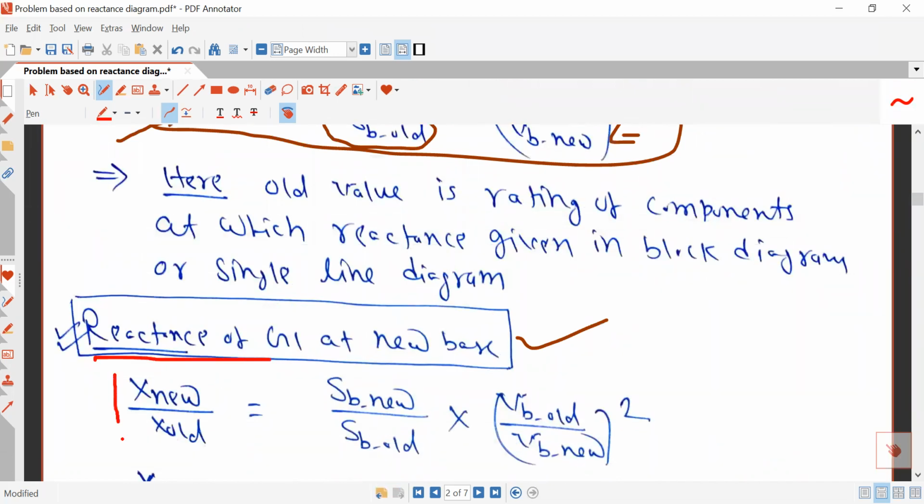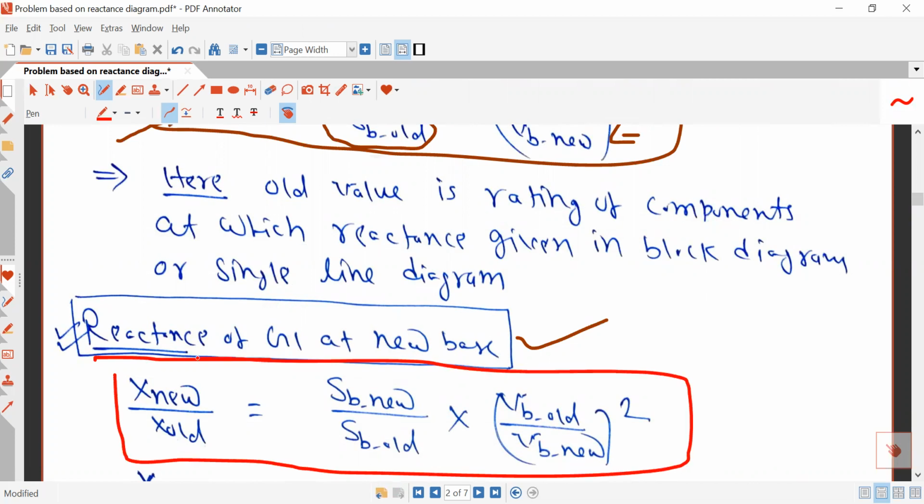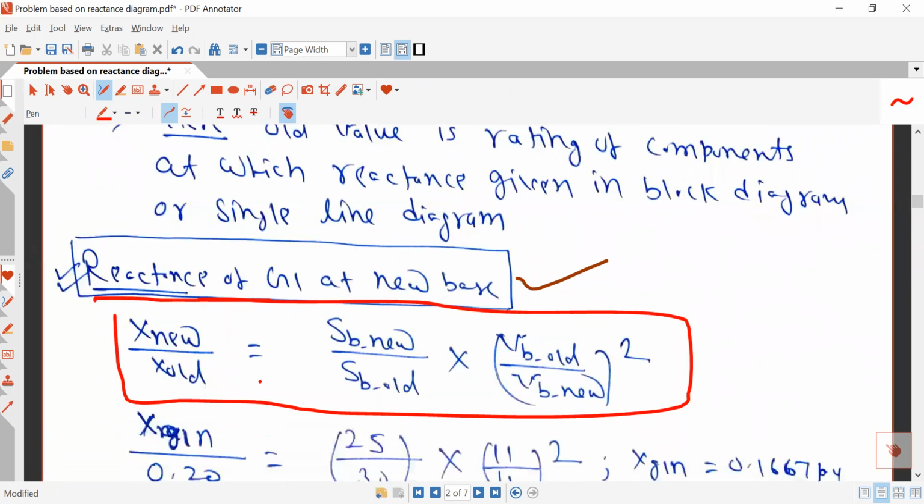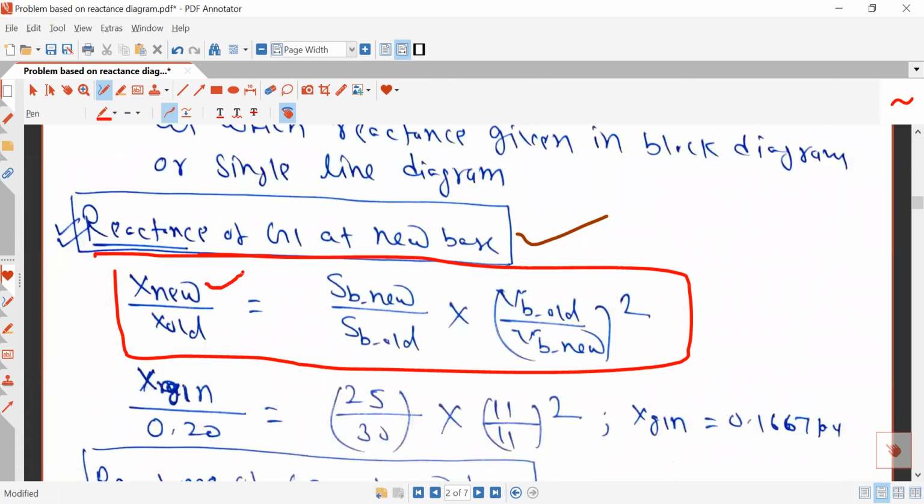So I am using this formula to change the base value of the reactance of generator 1. X new you want to calculate, and X old, the reactance of the generator in the block diagram, is 0.20.